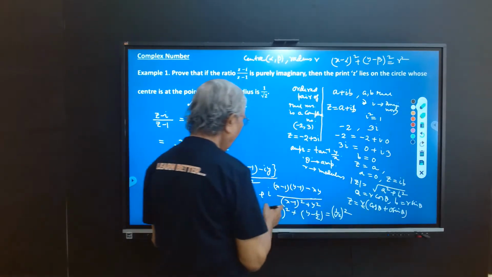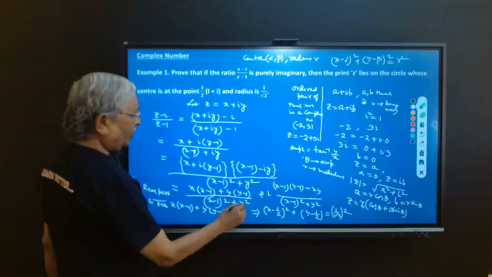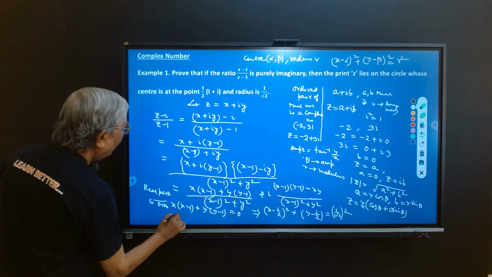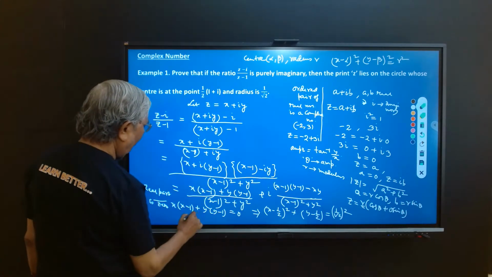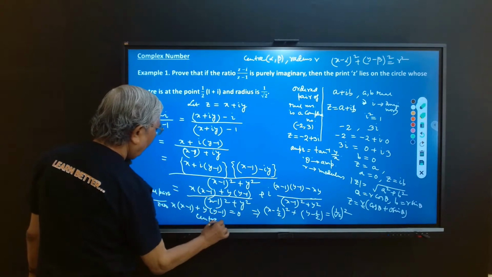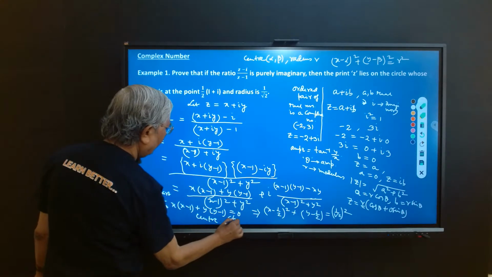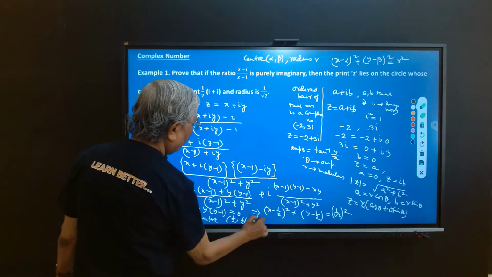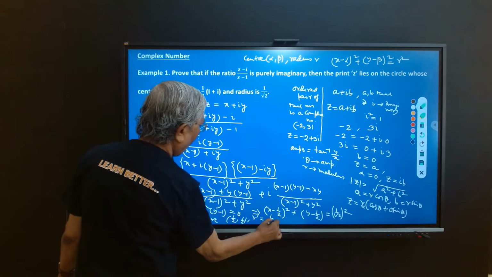So from here we can write that this represents a circle whose center is (half, half), and radius equal to 1 by root 2.